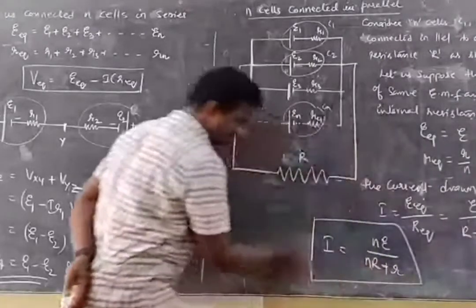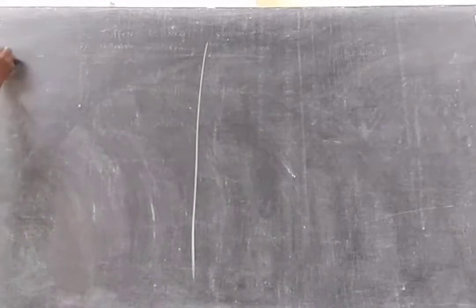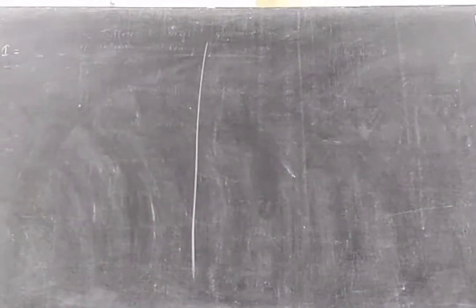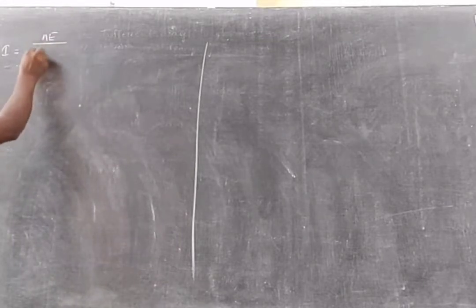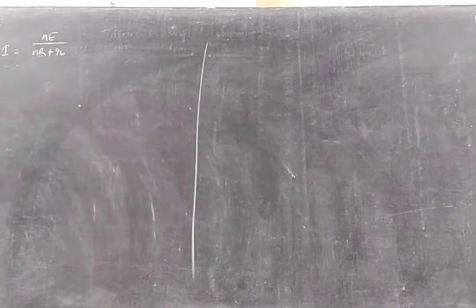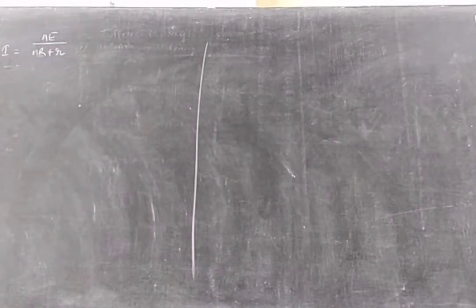Special cases. So the current I is equal to what we got yesterday: I is equal to N E by N R plus internal resistance R. So this is the expression we got yesterday.